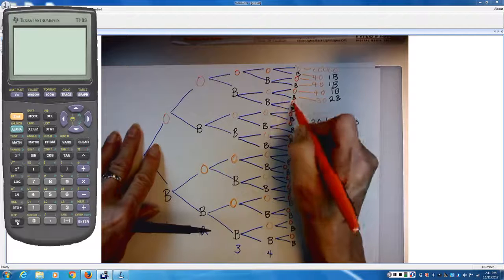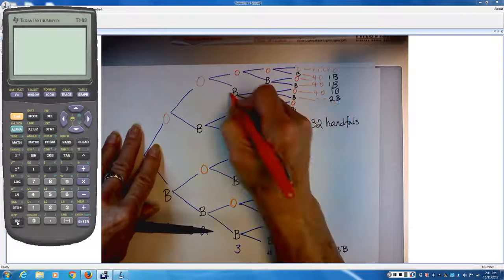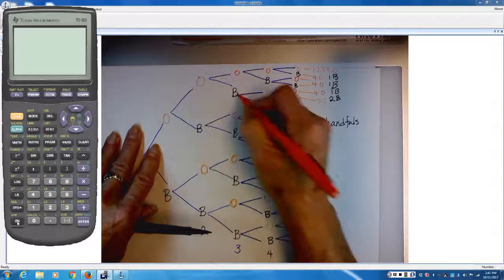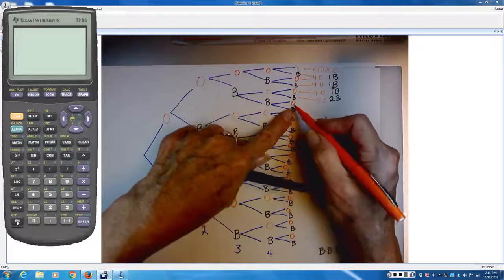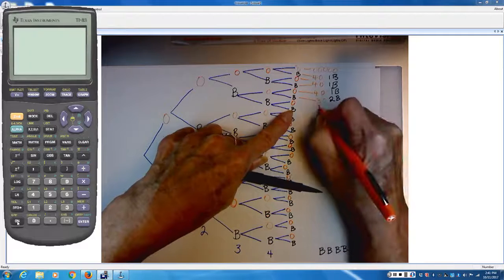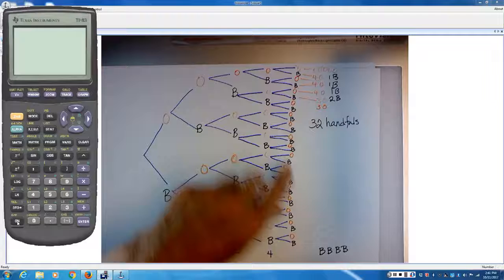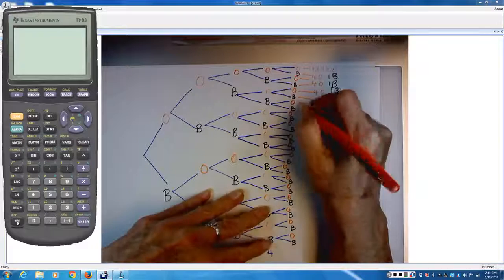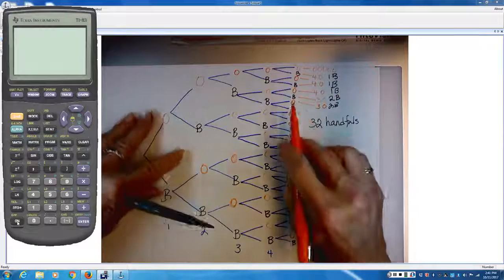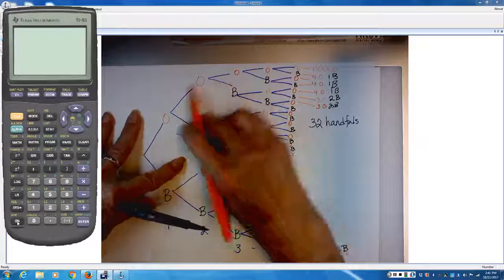And then this one going backwards, orange, orange, brown, brown, orange. So that's 3 orange and 2 brown. That'd be 3 brown and 2 orange.